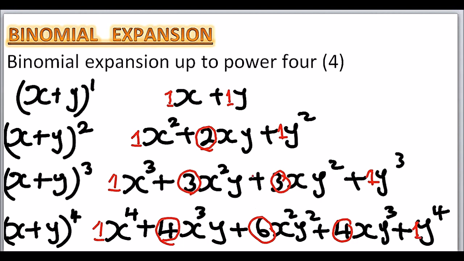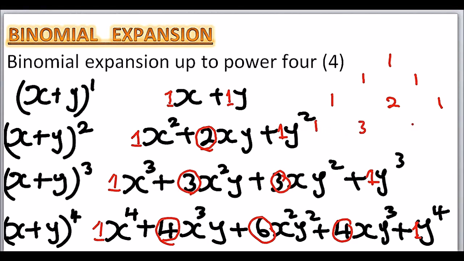If you look at these coefficients, they form kind of a triangle. So let's start with 1 up there. When we take this 1 and 1, we get 1 there and another 1 there. Then we start with 1. We have 1, we have 2, we have 1. Then we have 1 again.